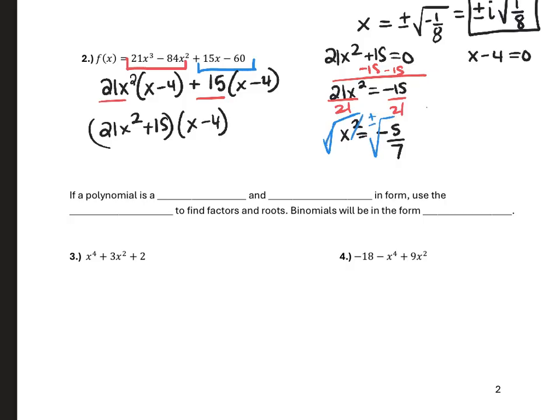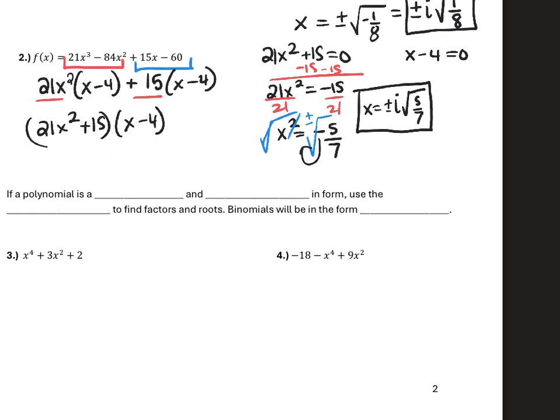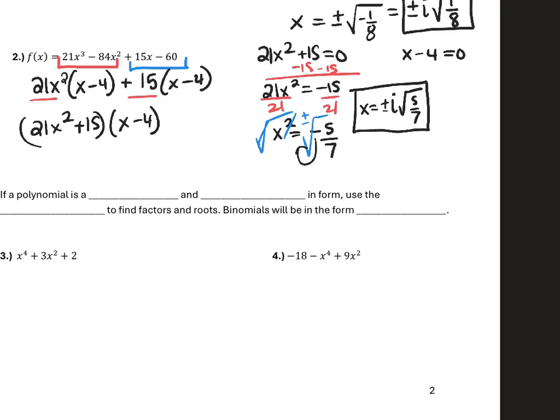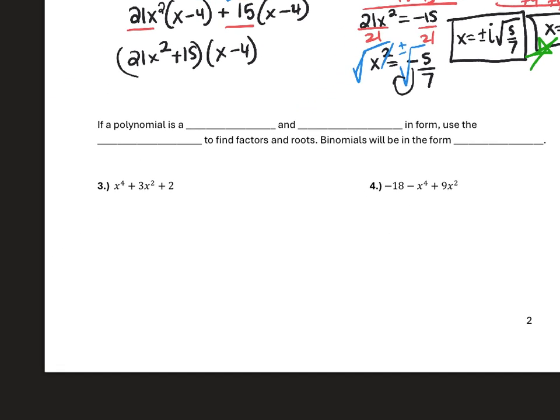So I get x equals plus or minus, pull out this negative sign, i root 5/7. And then my other one, if I set this one equal to 0 and solve, add 4 to both sides, you get that x equals 4. So those are my roots. The only one that I could actually graph is this because it's not imaginary.